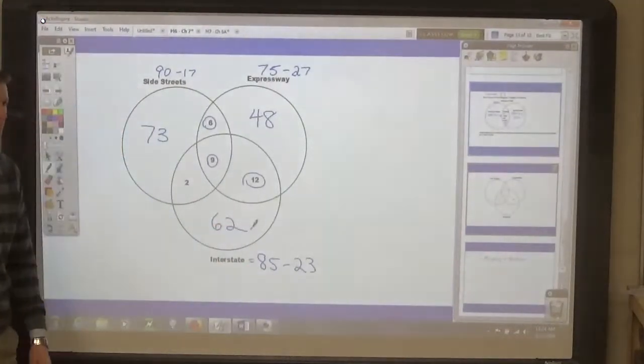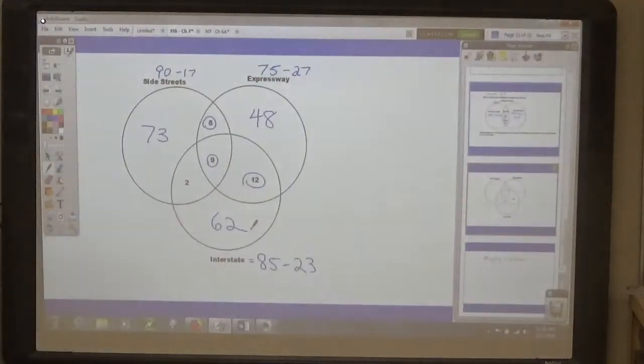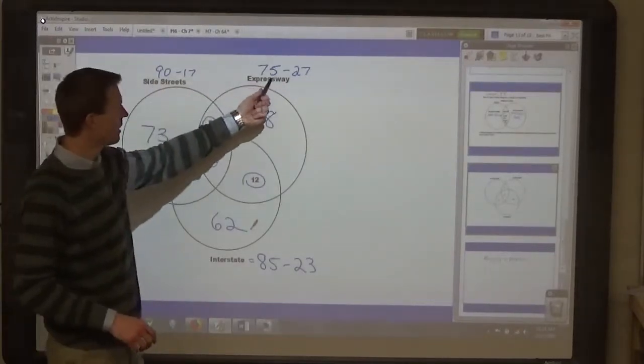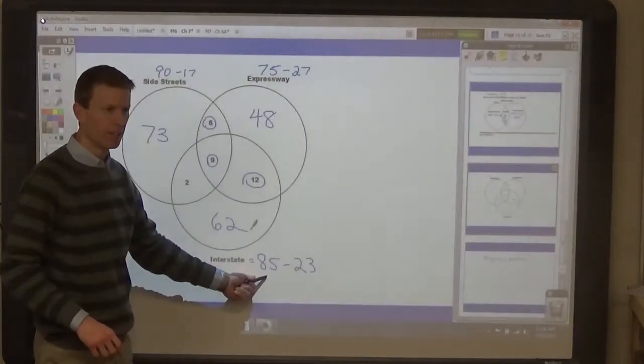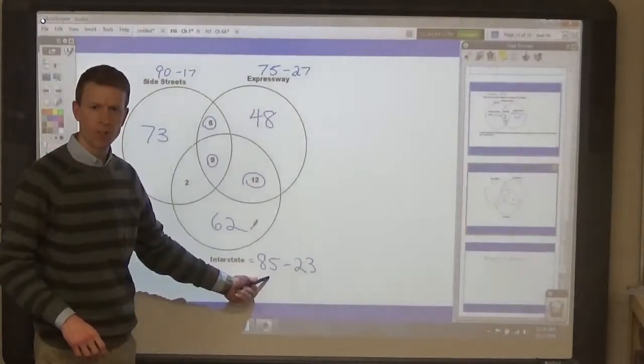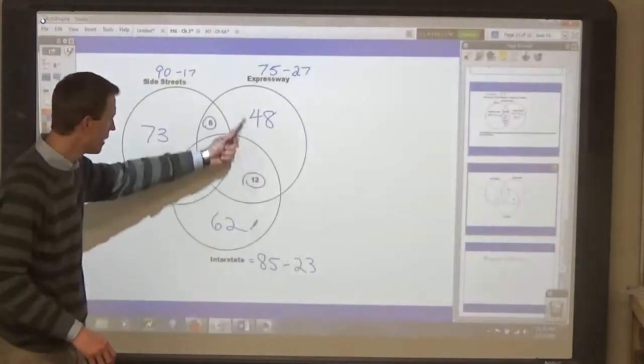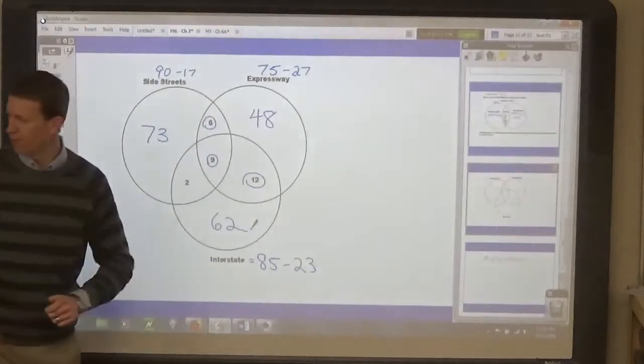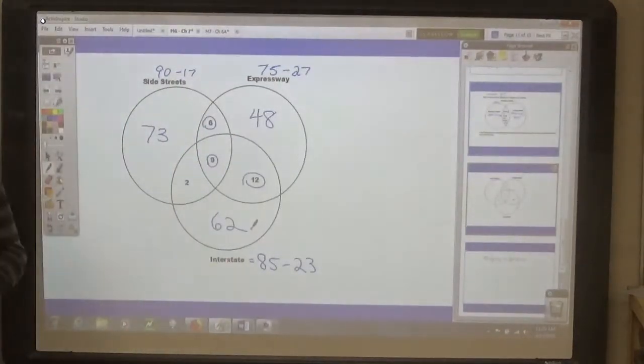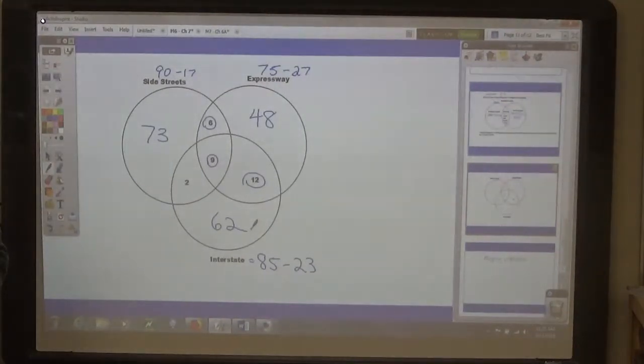62. 42. Now, it says, how many commuters are in the survey? Well, why couldn't we just add 90 plus 75 plus 85 to answer the first question? Why did we have to get all of these numbers in order to answer the first question? Olivia? Because you would be adding the same people multiple times.